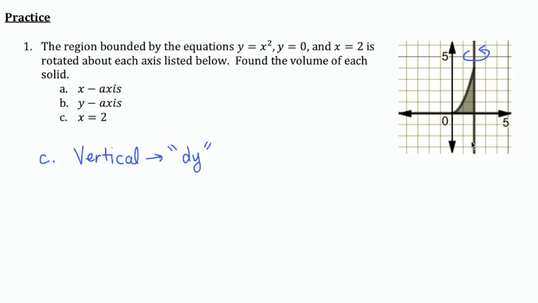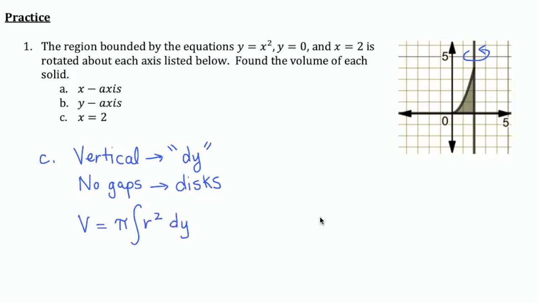Now that I know that, I look and see if I have any gaps between the shaded region and the axis. And I don't. So that's nice. I have no gaps. So therefore, my cross sections will be disks. They'll be solid circles. So the basic integral formula I'm following is going to be the volume is equal to just regular pi r squared dy.